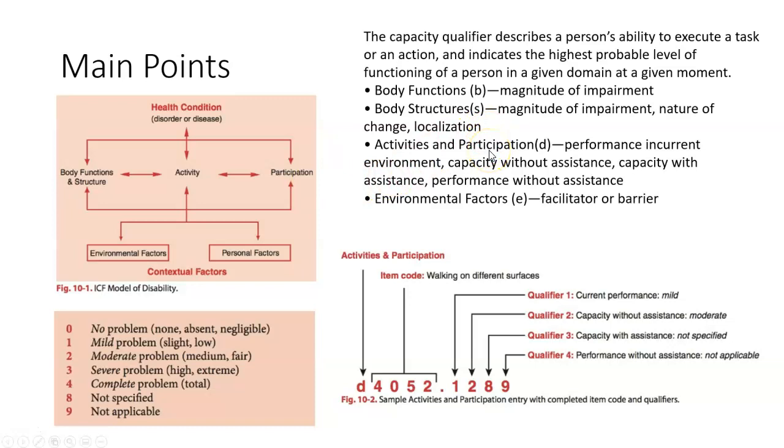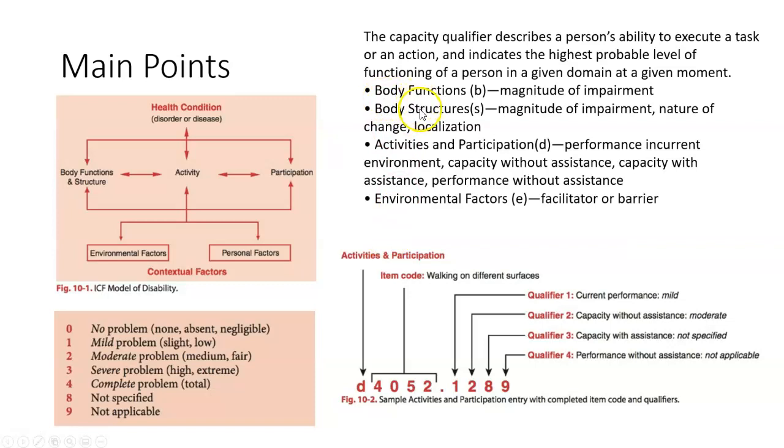And so the reason we talk about the ICF model in documentation is because at its core, the ICF model is a documentation system that allows us to coordinate not only diagnoses, but also the impairments associated with those diagnoses. For a long time, we've had item codes associated with conditions, but now we also have item codes associated with different activities, participations, and body structures or functions.